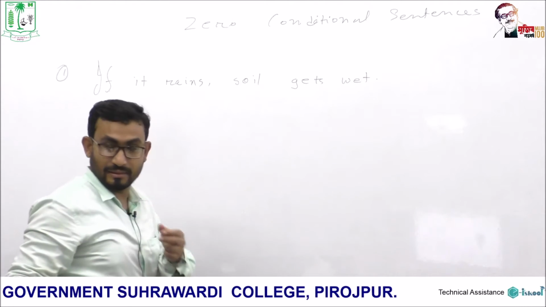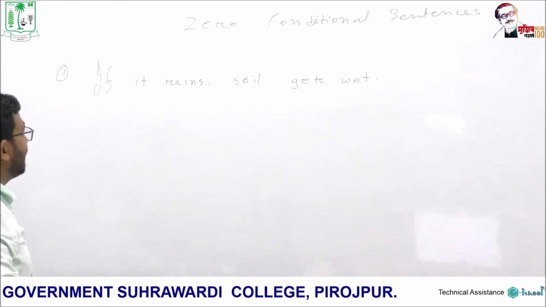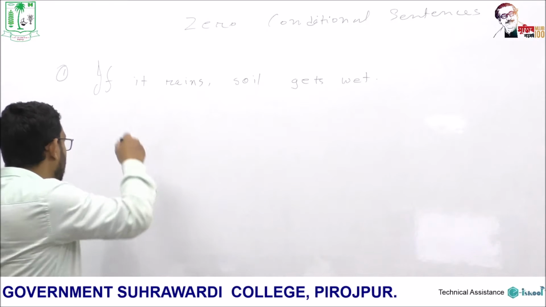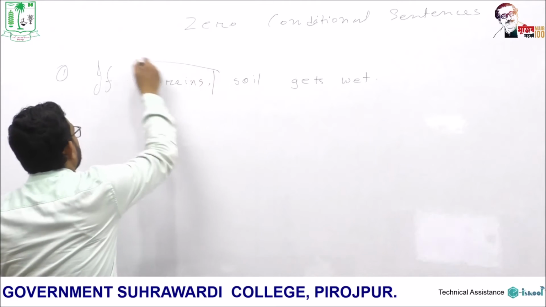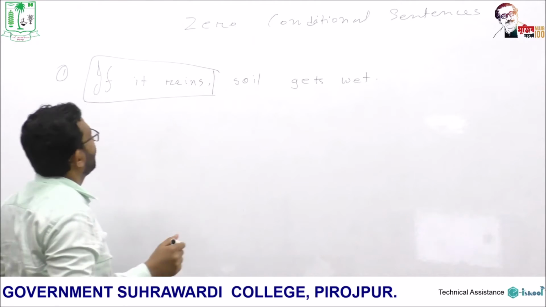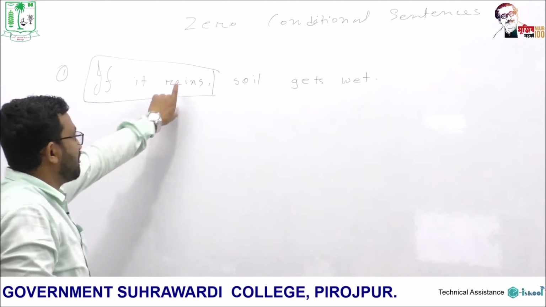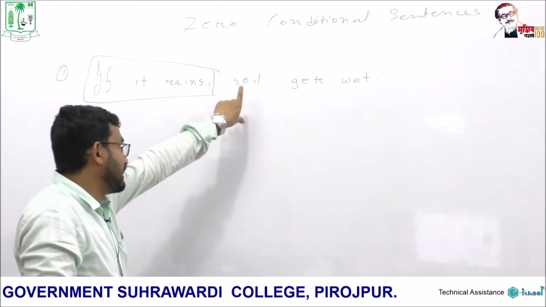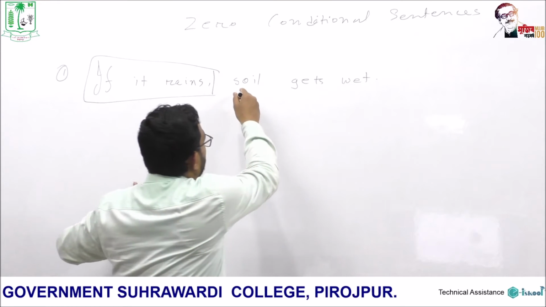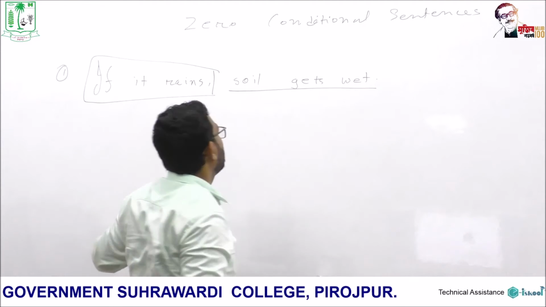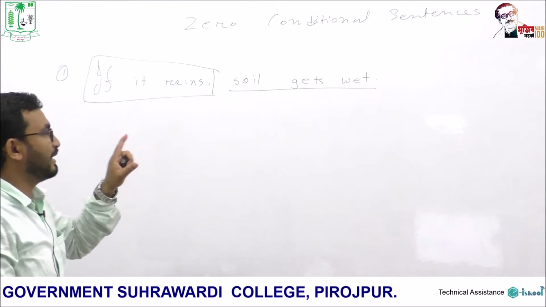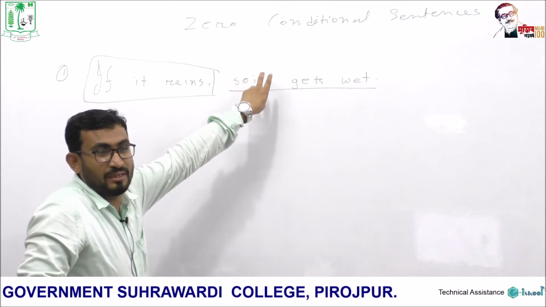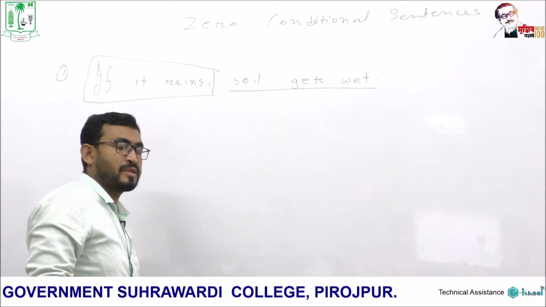Look at this sentence. I have written, if it rains, soil gets wet. Here in the first clause, that is in the if clause, if it rains, present indefinite tense has been used. In the second clause, that is in the dependent clause, same thing, soil gets wet. The same tense has been used, that is present indefinite tense.